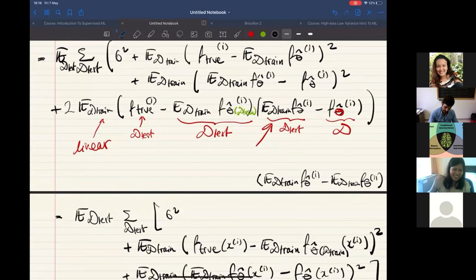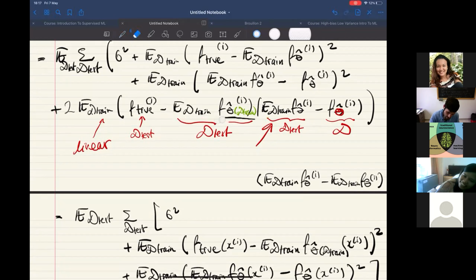Okay. So what I'm saying is that this thing here alone is a function of the training data and the test data, of everything. But now, because I'm averaging over the training data here, the result is a quantity that depends only on the test data now, because I took an average over the training data. Okay, you agree?